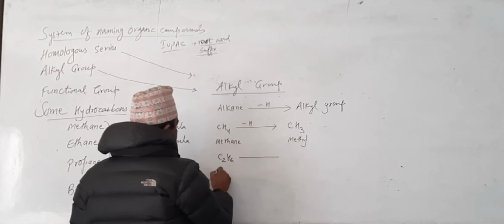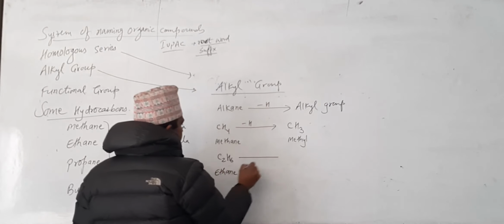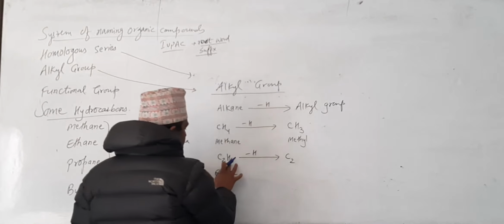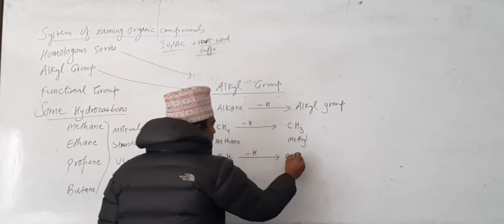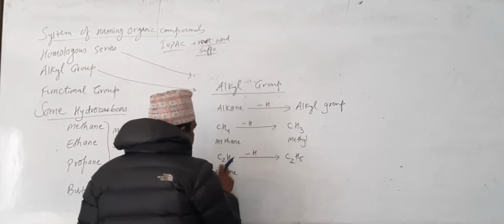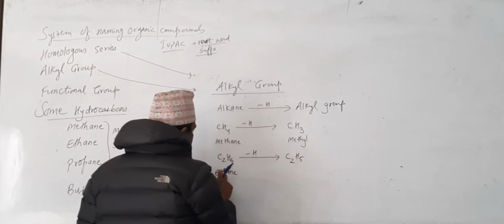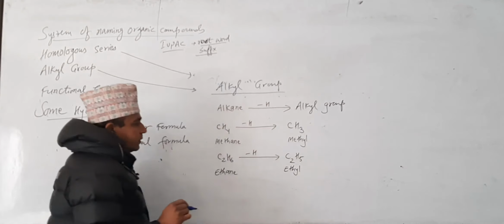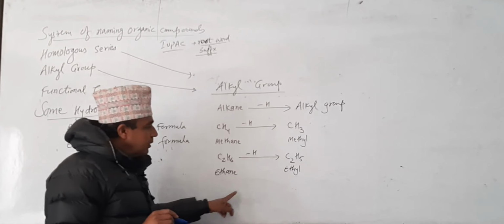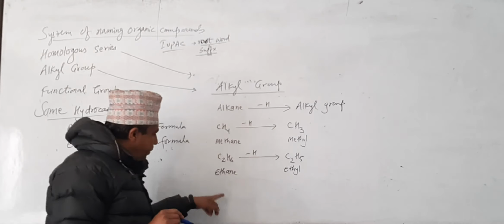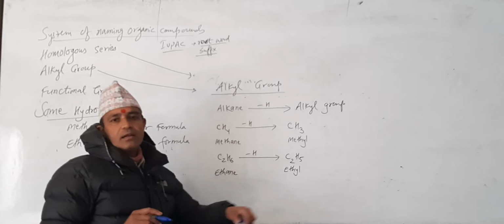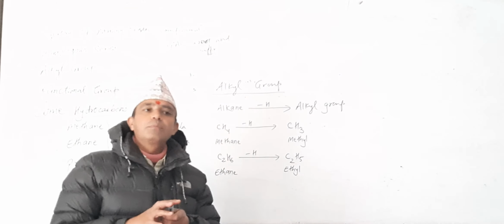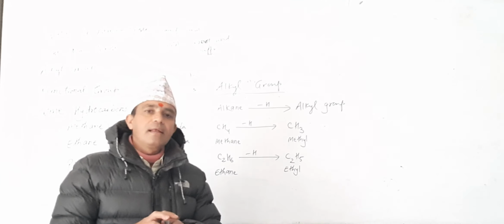It is ethane. One hydrogen is removed, then it will be C2H5. Ethane, ethyl. Then propane, propyl, butane, butyl. So the number of hydrogens that differ between butane and butyl is 1.